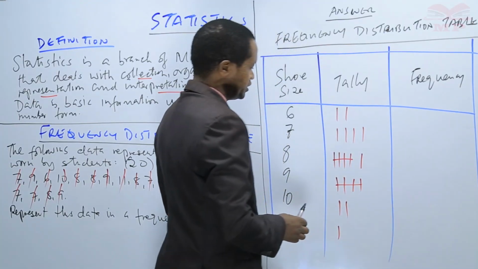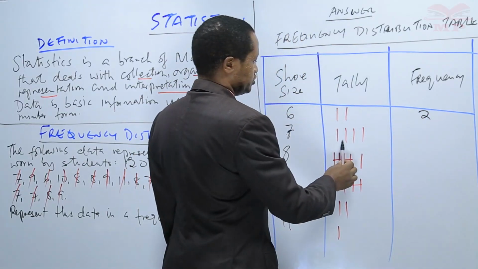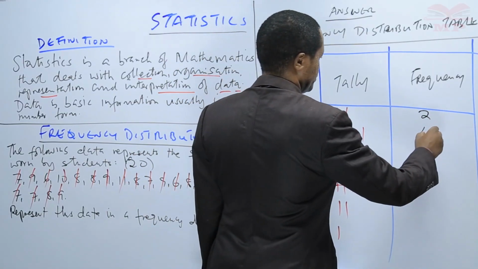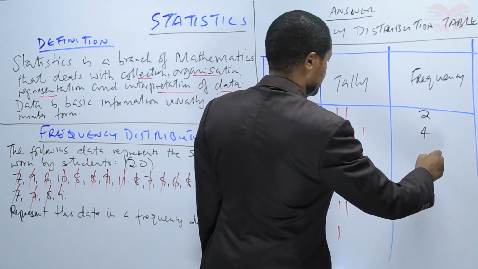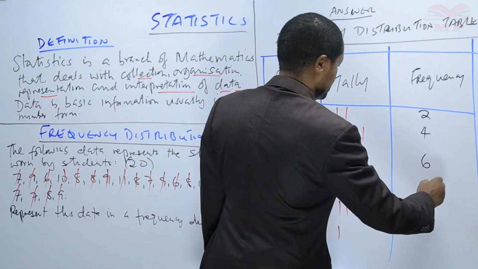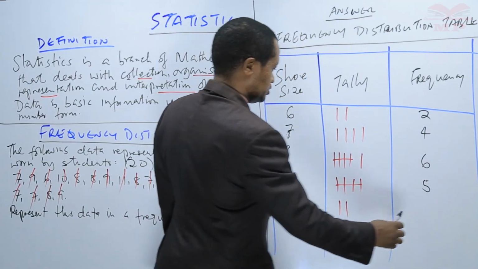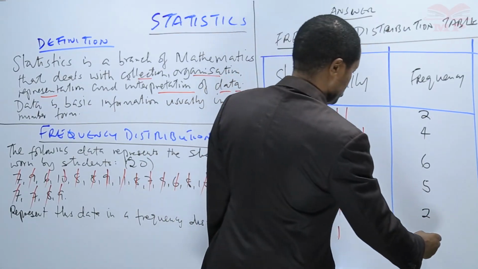So frequencies. 1, 2, we write 2. 1, 2, 3, 4, we write 4. 1, 2, 3, 4, 5, 6, we write 6. 1, 2, 3, 4, 5, we write 5. 1, 2, we write 2. 1, we write 1.